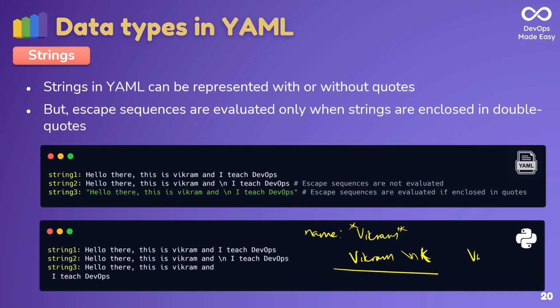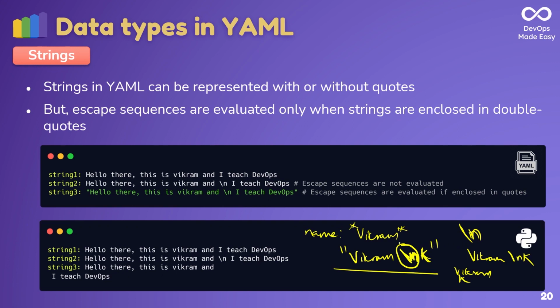That means it will be printed as Vikram slash n K, because these escape sequences will not be evaluated when double quotes are not there. If you put double quotes, this slash n will be evaluated as a new line character, then the output will become Vikram, and in the next line K. Without double quotes, slash n will be treated as individual characters, slash as a character and n as a character. They are not treated as escape sequences.